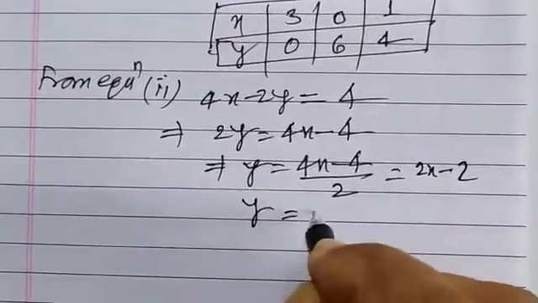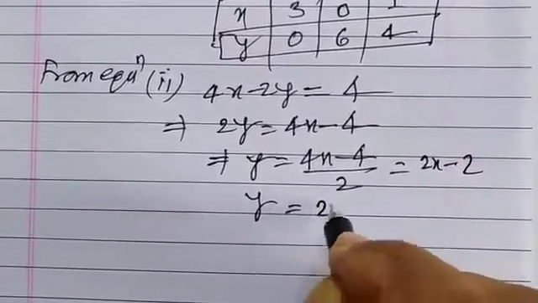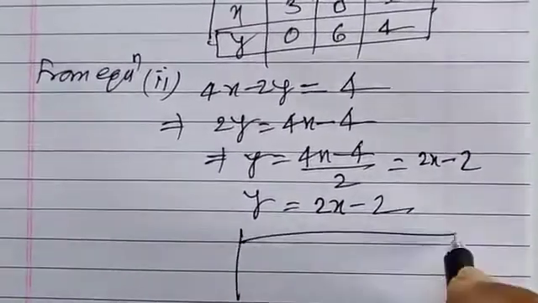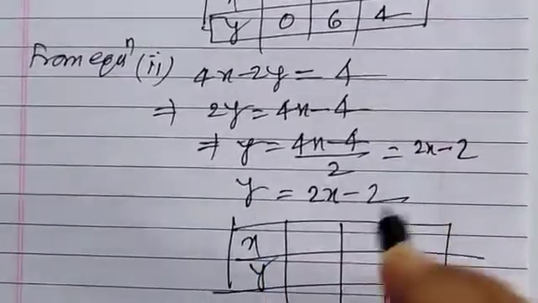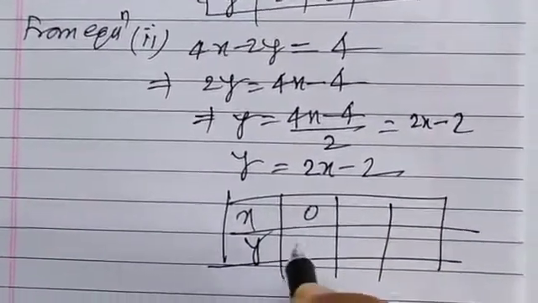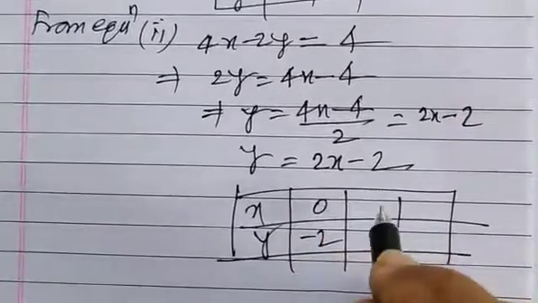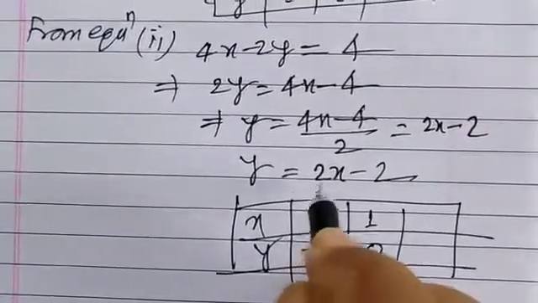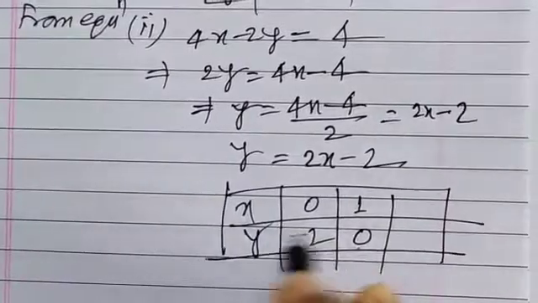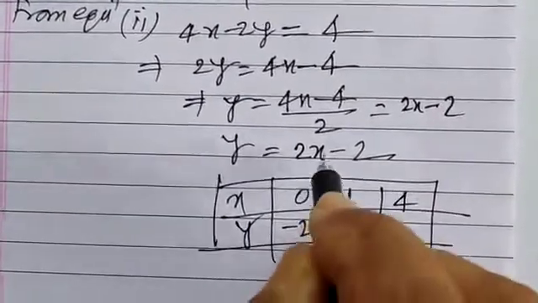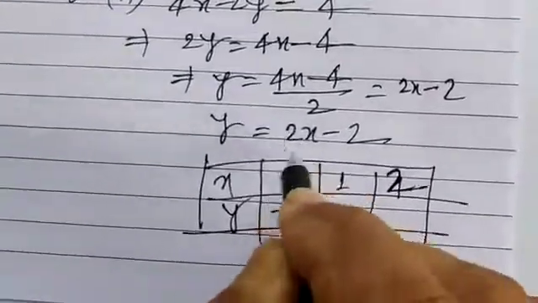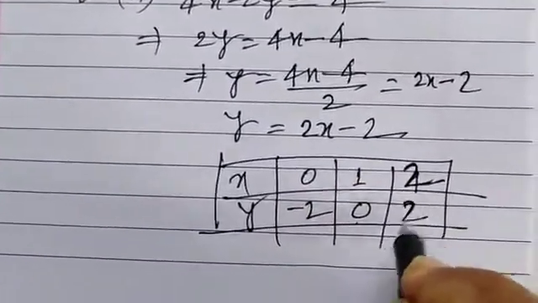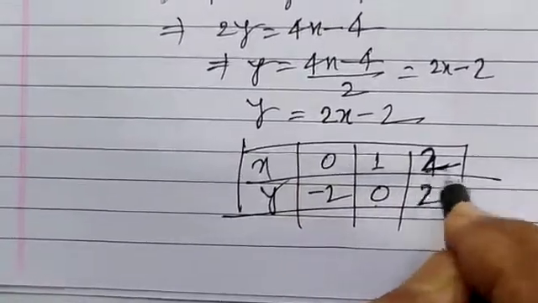So y equals 2x minus 2. Now we will make the table. This is x, this is y. We substitute x equals 0, then it is coming minus 2. For x equals 1, it is 2 minus 2, that is 0. For x equals 2, then 4 minus 2, it will be 2. Now we will plot them.